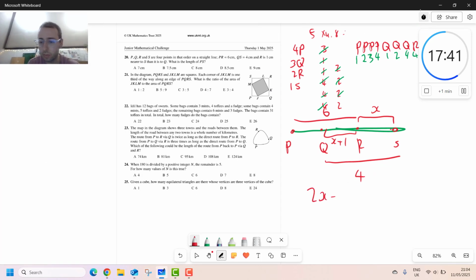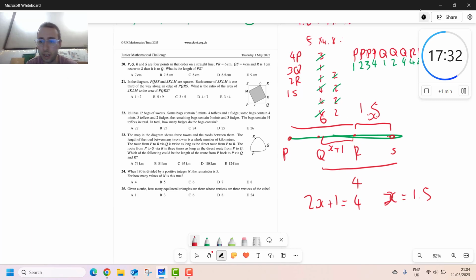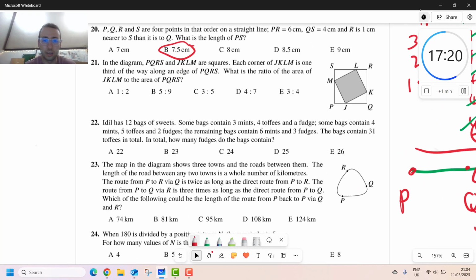Okay, so 2X plus 1 is 4, so X is 1.5. PS is 7.5. Let's try that again. It's 1 centimeter nearer, so whatever this distance is, this is 1 bigger. Okay, cool. We are speeding.